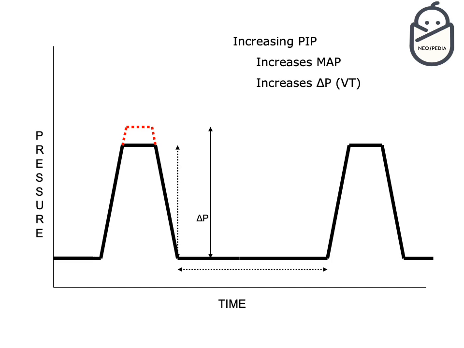You have fixed things very easily by increasing your PIP, because by increasing your PIP you have increased your tidal volume or delta P. This will help you with your CO2 clearance, but at the same time you have increased the area under the curve here, and by increasing the area under the curve you have helped with oxygenation too.